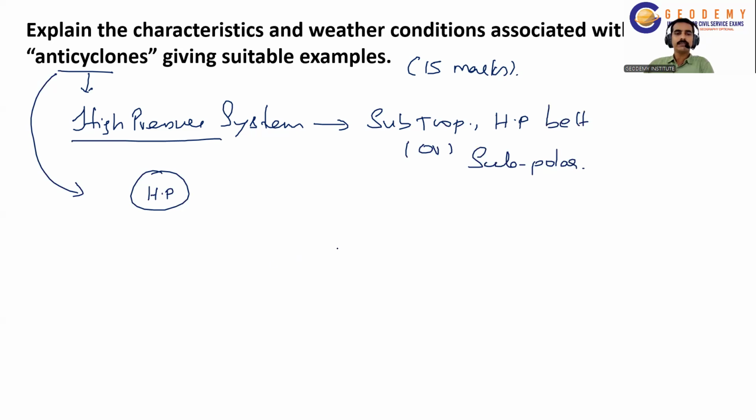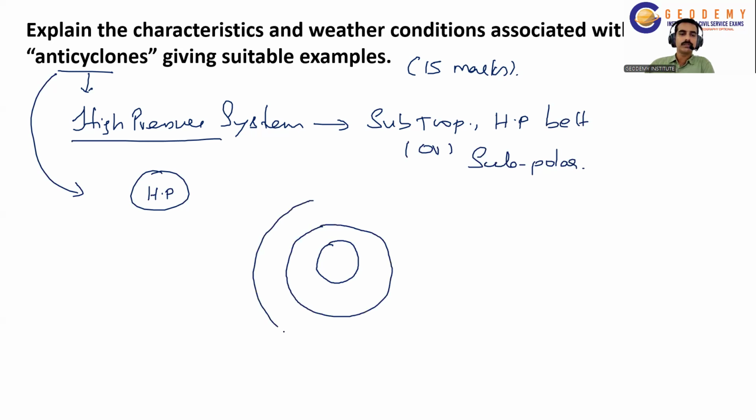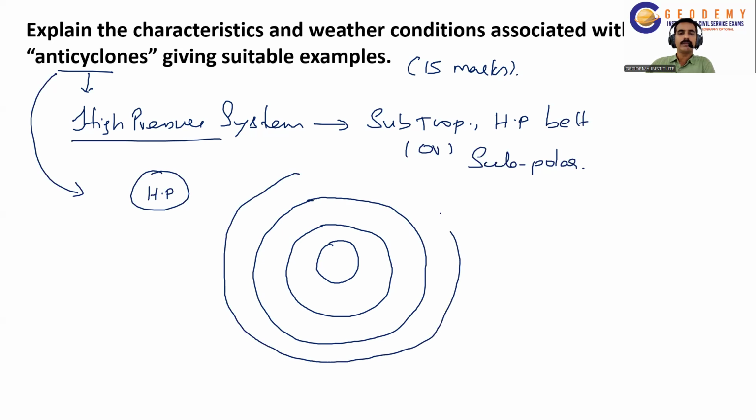So the characteristics: if the isobars exist in the anticyclonic system, for example circular isobars, we can draw a small diagram to answer this question. The high pressure will exist in the center, and the surrounding regions will have relatively lower pressure.